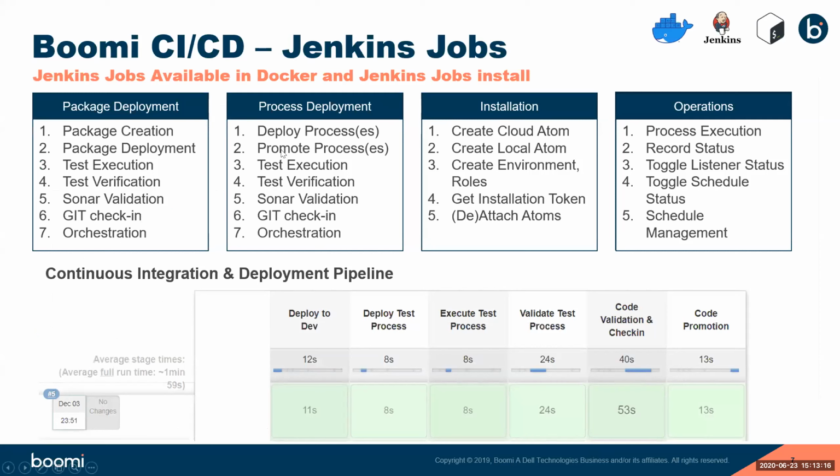We have also created something which is still at a process level. So if you don't have package deployment activated in your account, we do have those APIs combined together within the Jenkins jobs as well.